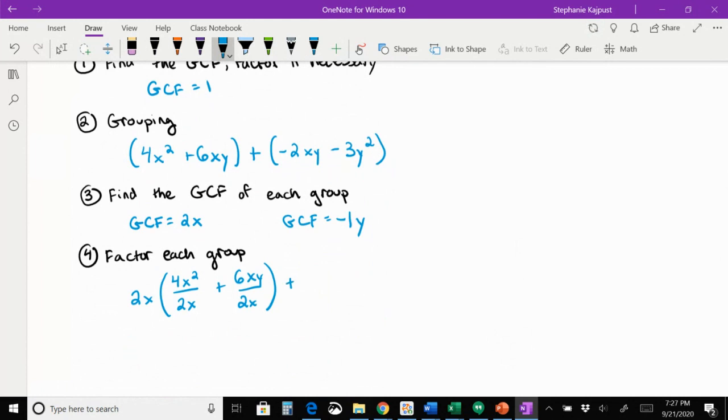Then I have my plus sign. Then I write my second GCF and divide each term by that. And instead of that minus 3y squared, I'm going to put a plus and put that negative in the fraction. So that way you can see that it's going to be a negative divided by negative there.